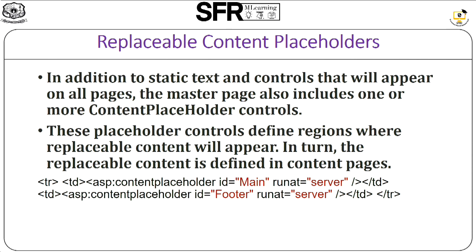In master pages, the content placeholders are replaceable. The web pages we created cannot have replaceable content placeholders, but master pages can. In turn, the replaceable content is defined in content pages.